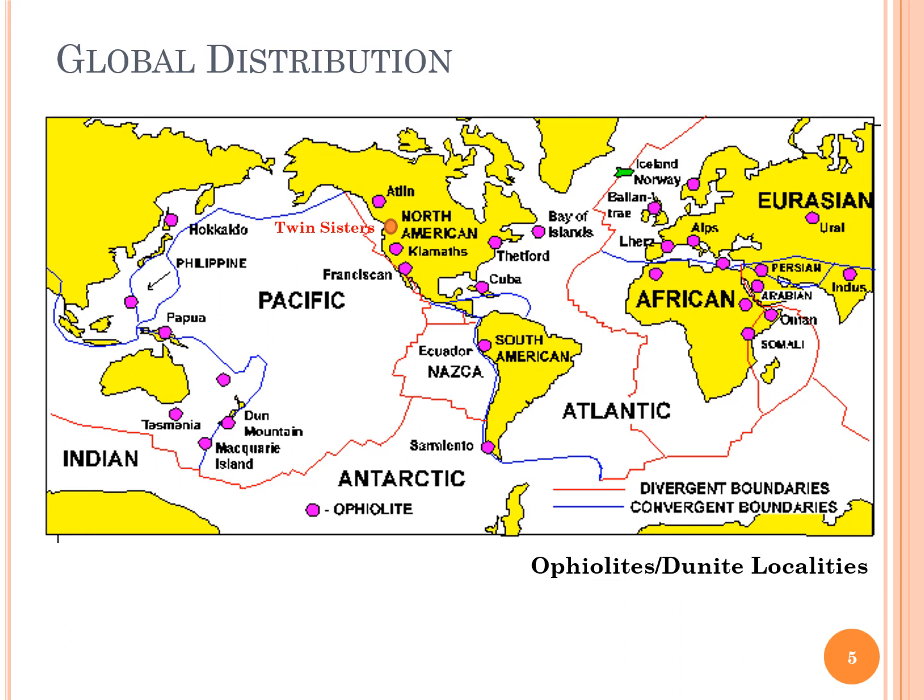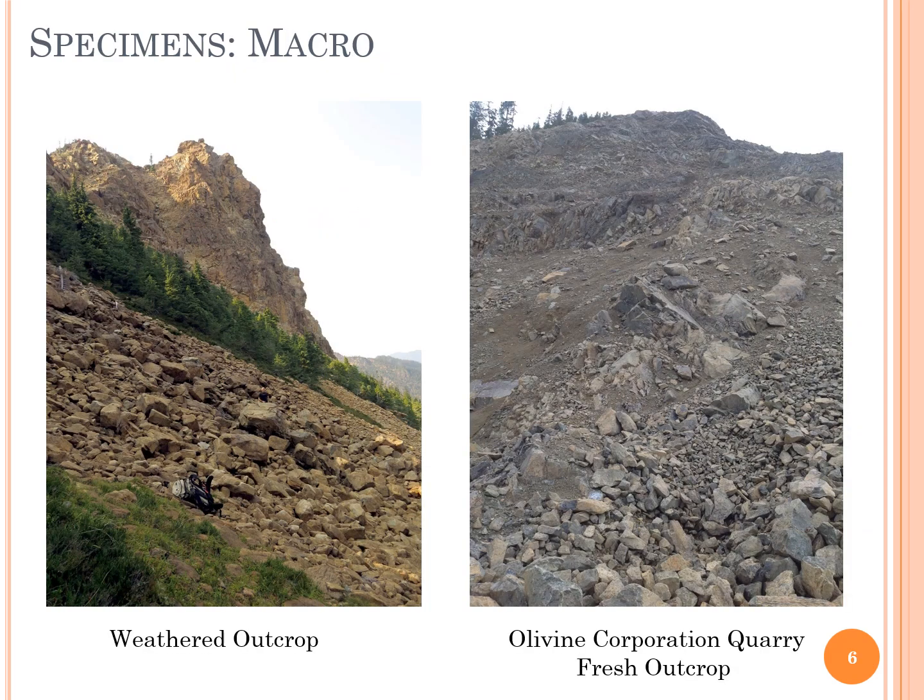Here we have a place called Dun Mountain. It's also a very large outcrop of dunite, and it is the type locale where the word dun gives dunite its name.